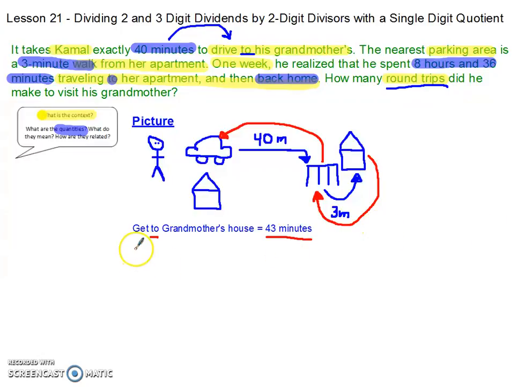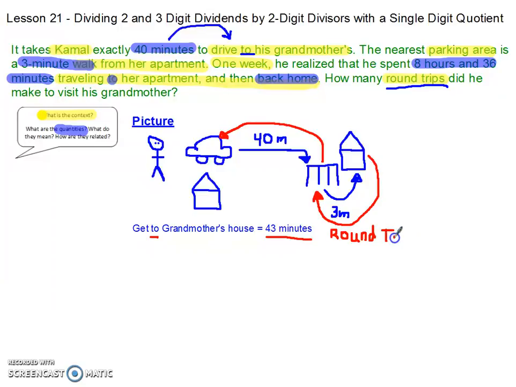So to do the math for the round trip, I am going to take my total time and multiply it by 2 because you're going there and back.